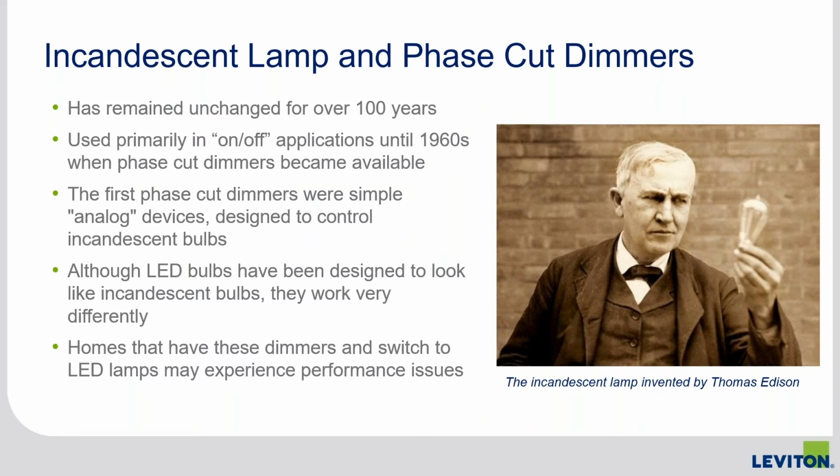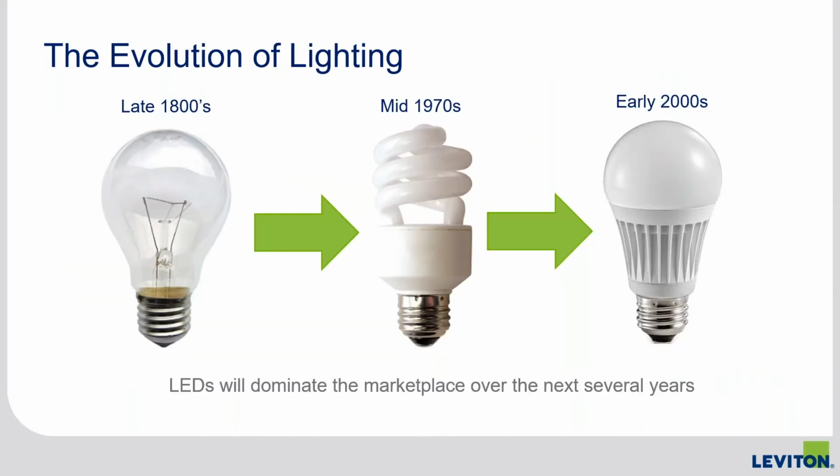So we all know LED bulbs are tremendously efficient and really have cut down on how much power you need to produce the same amount of light output. Many homes today have older incandescent dimmers, these analog types of products, and use new LED bulbs as replacements. And we're going to talk about some of the issues that you can get into in those applications.